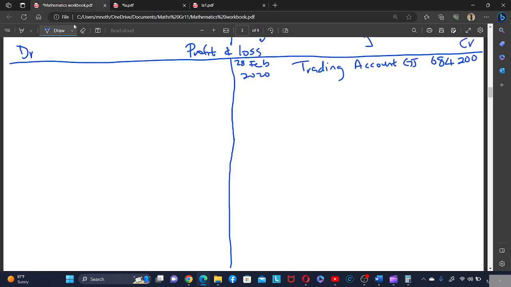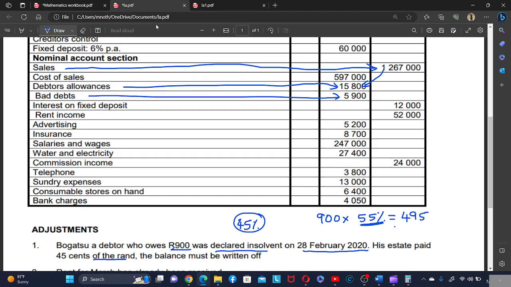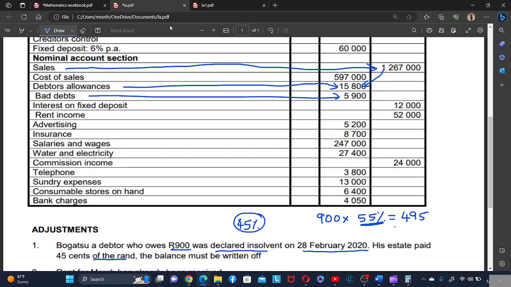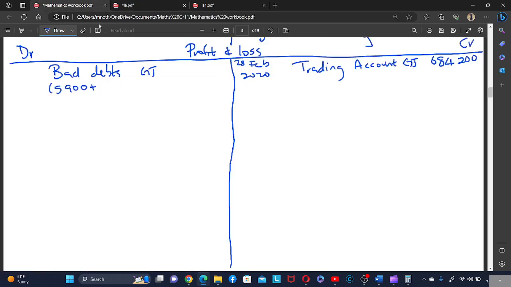So the bad debts are 5,900. And then the new one that must be written off is 495.